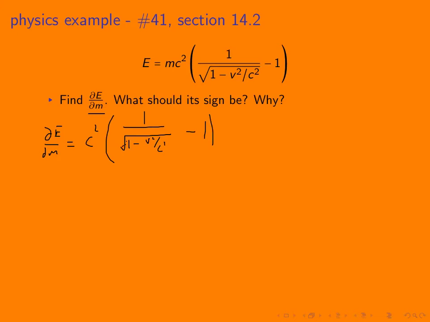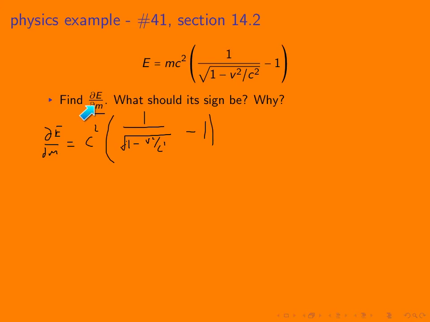So let's think about what the sign should be in two different ways. Let's just first think about what we expect it to be, and then algebraically see if that's the right thing. So as the mass of the object increases, you would think that its energy would increase as well. So let's see why the algebra bears that out.